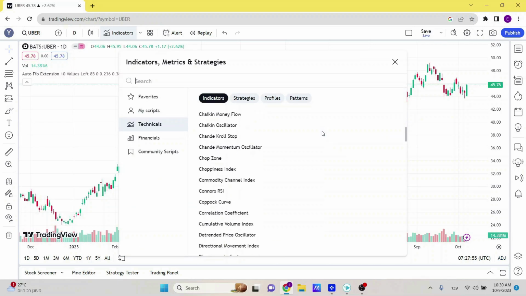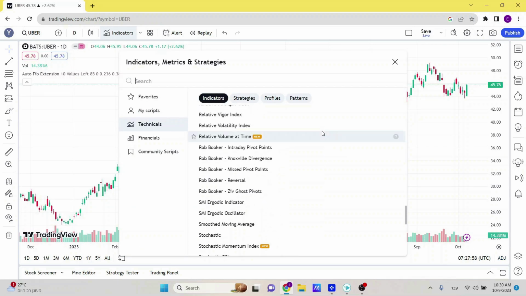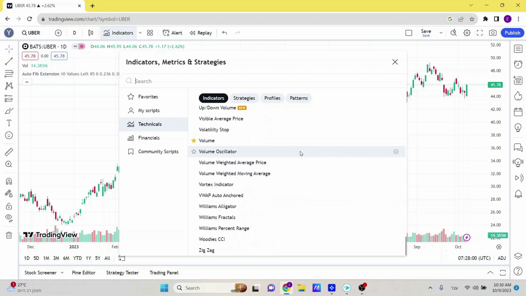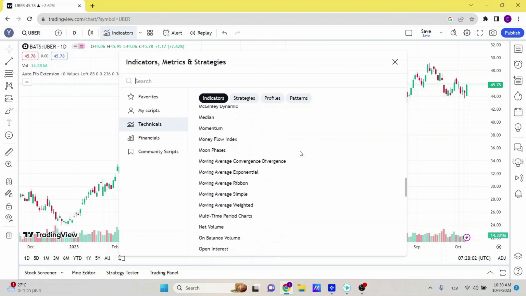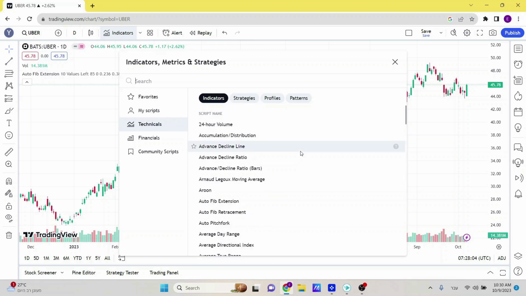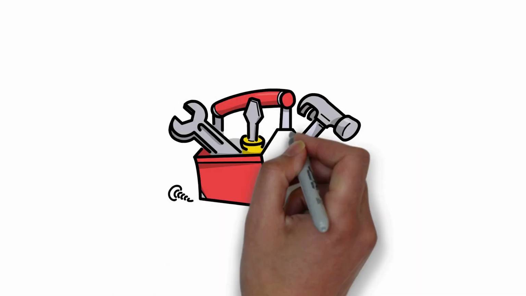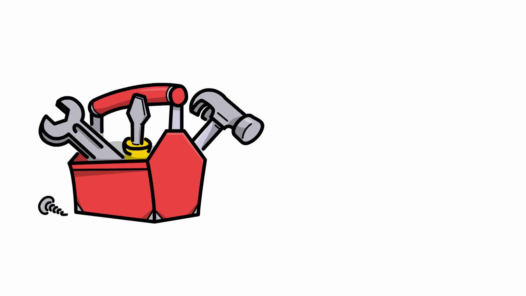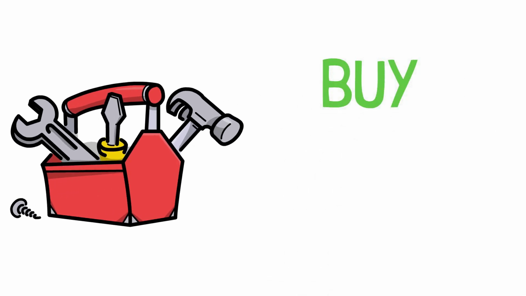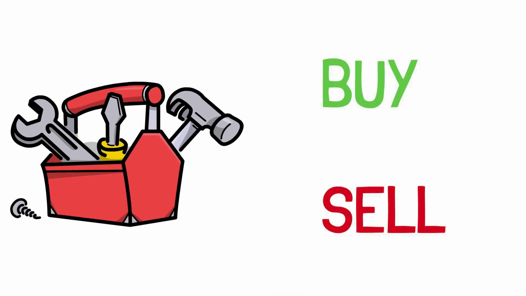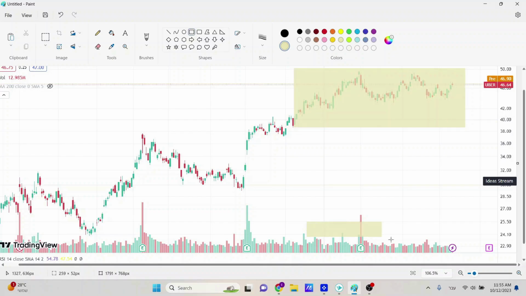Remember, all the indicators, the RSI, the MACD, Bollinger Bands, it doesn't matter which indicator, they are auxiliary tools. You can use them only as auxiliary tools, not as a signal to go buy or long the stock. The kings of this situation are the price action and the volume.